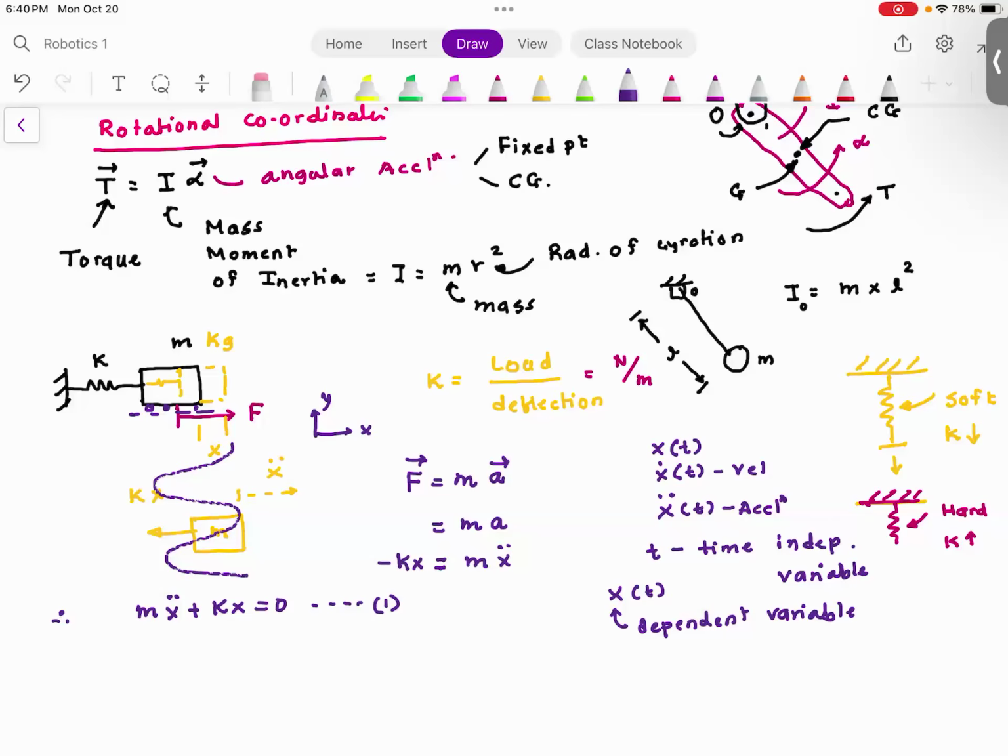Now, if you look at this plot, this is the time axis and this is x. You can see that this motion of the mass is sinusoidal, or repeating. It is periodic. You agree with me?